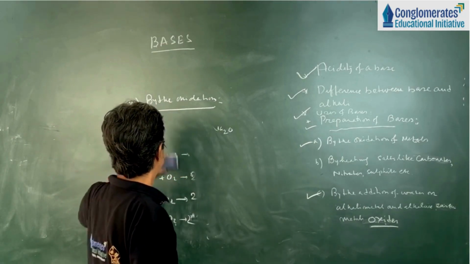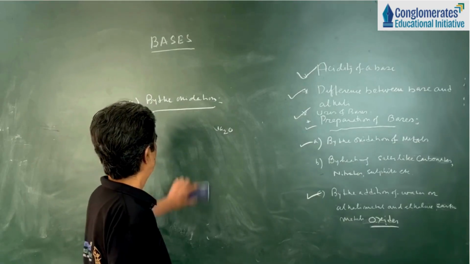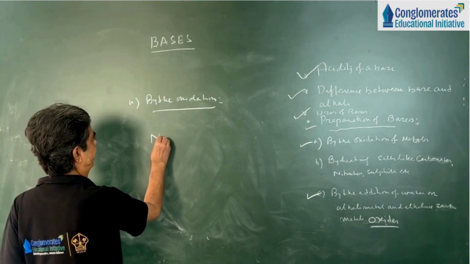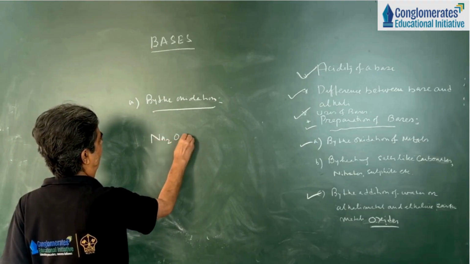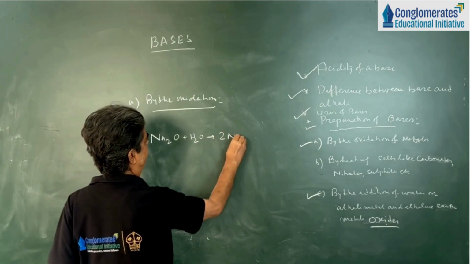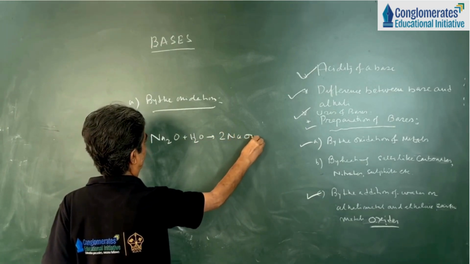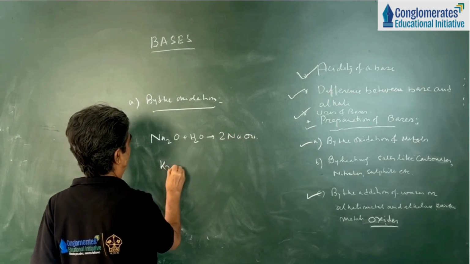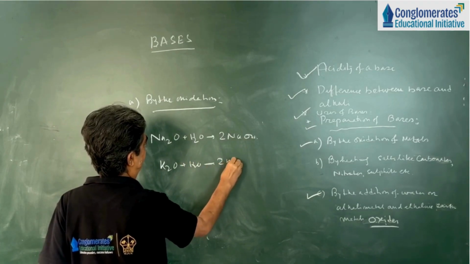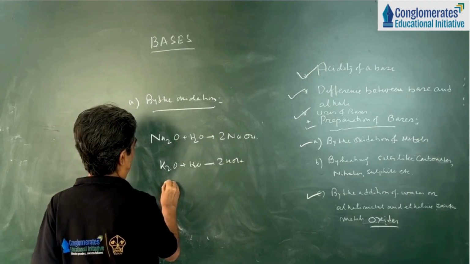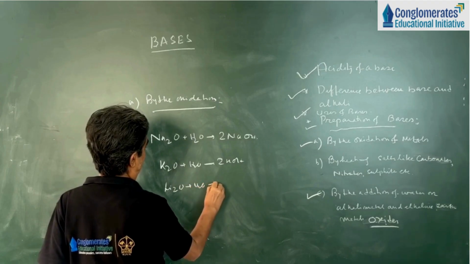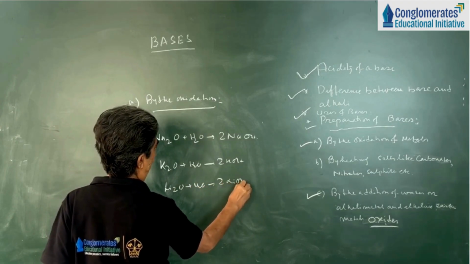Now let me write a few examples. Na2O plus H2O gives 2NaOH. K2O plus H2O gives 2KOH. Li2O plus H2O gives 2LiOH.